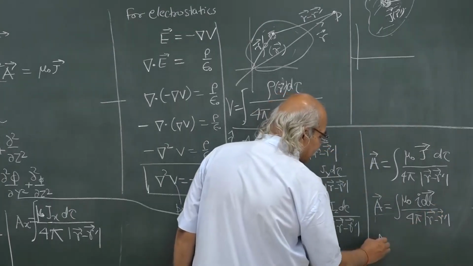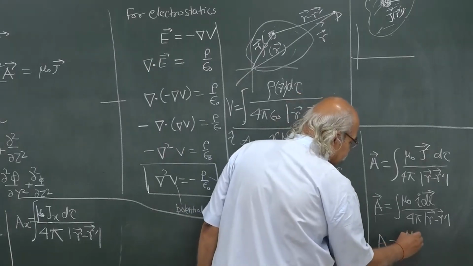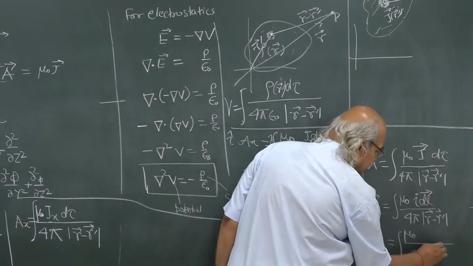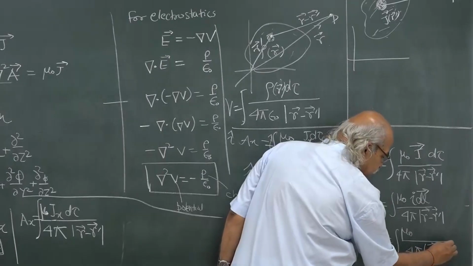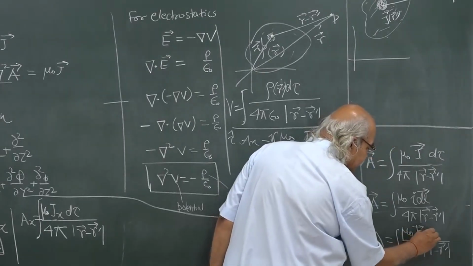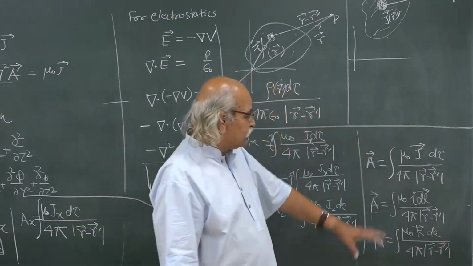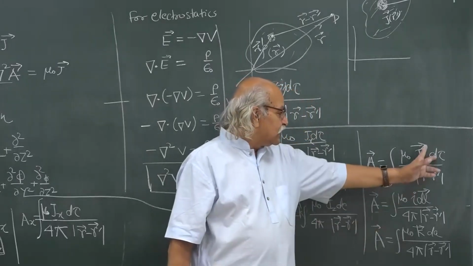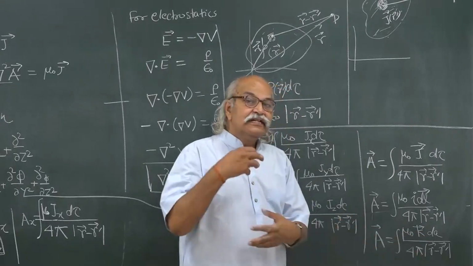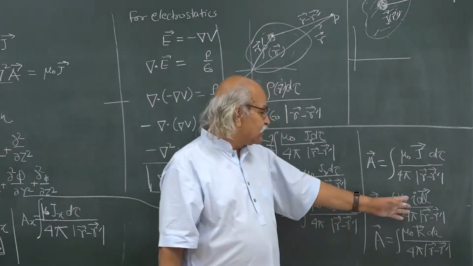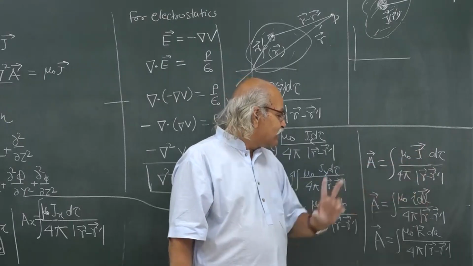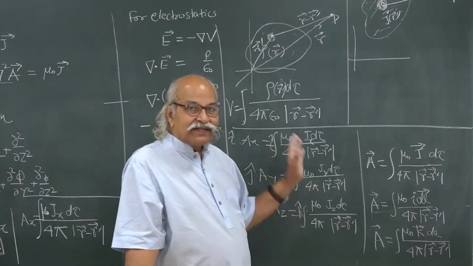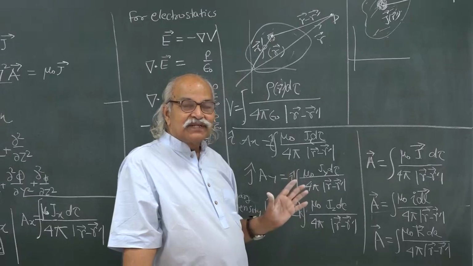And if it is a surface current distribution that is given to you, J d tau is replaced by K dA, and you can write the vector potential this way. So, that is how you can obtain the magnetic vector potential if the current distribution is known.